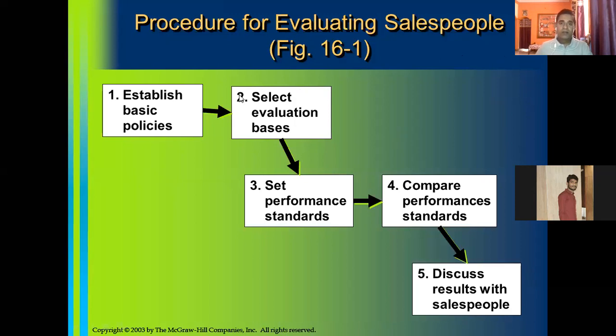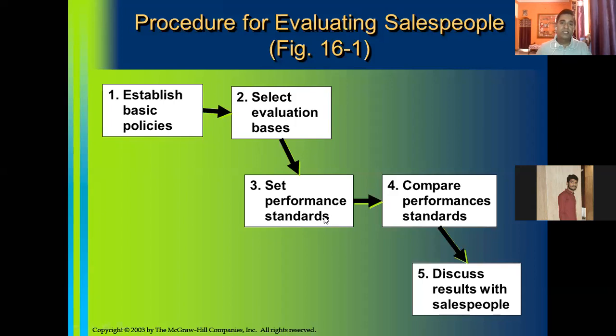So far what we learned in the previous slides was selecting evaluation basis: output factors, quantitative input factors, qualitative input factors, and the factors which can be considered for a sales rep's team participation. Once the bases of evaluation are considered, the next step is to set performance standards.